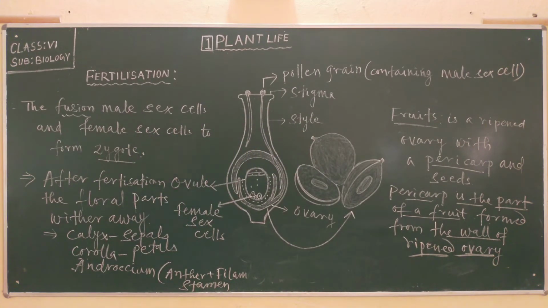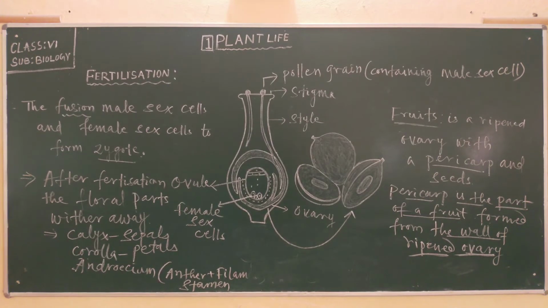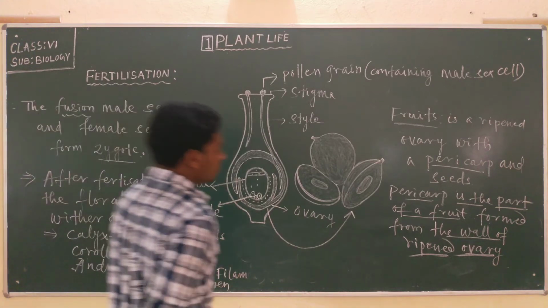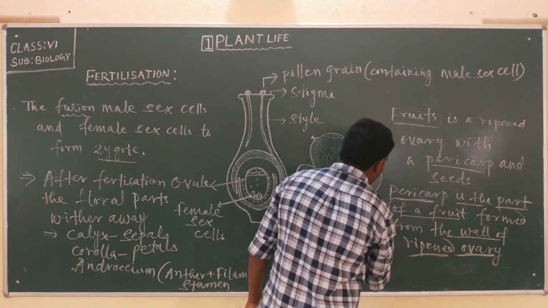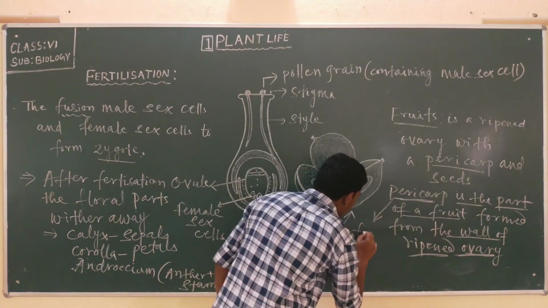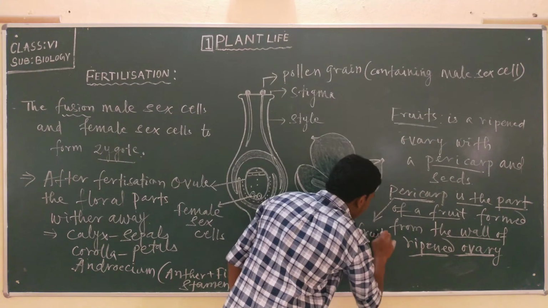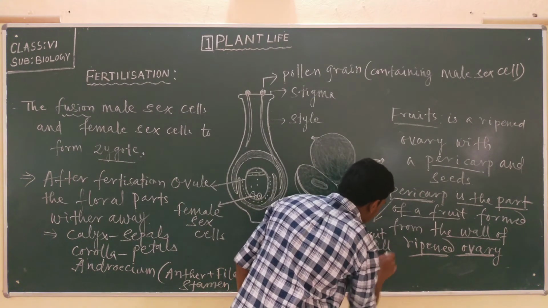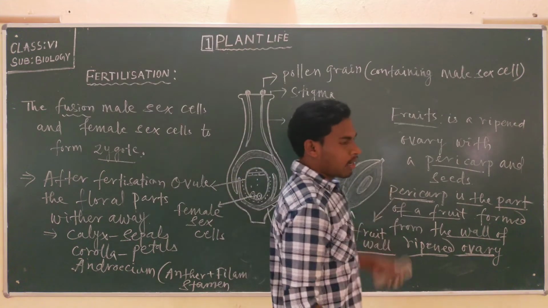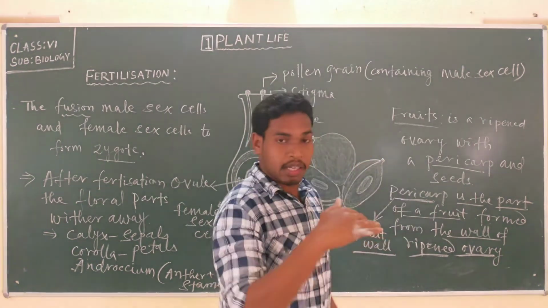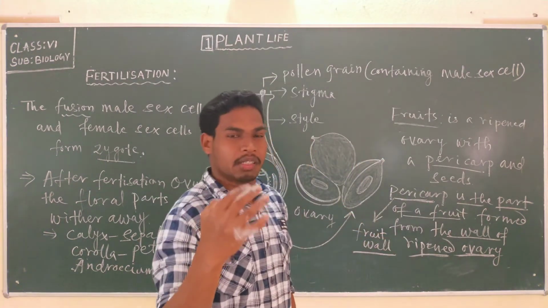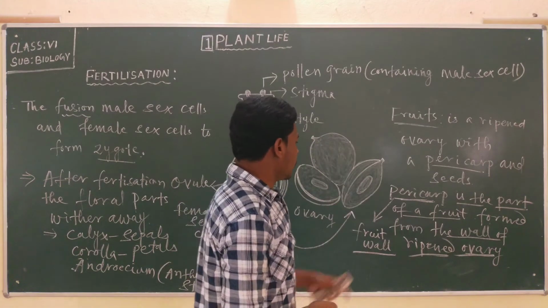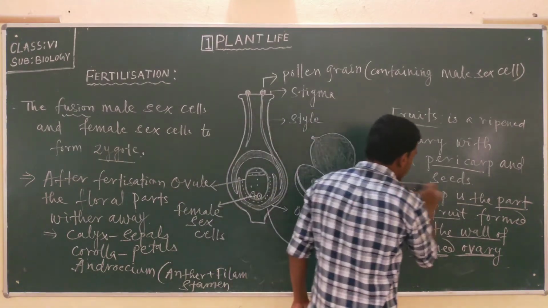So the pericarp is also known as what? Fruit wall. And this pericarp is made up of 3 layers.